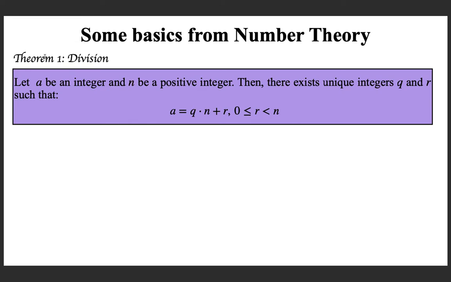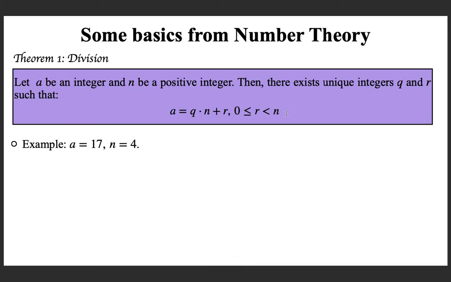Then the division theorem says there exist unique integers q and r such that A is nothing but q multiplied by n plus r. This is the division theorem. For any integer A and a positive integer n, you can write A as n multiplied with q plus r, where the value of r is between 0 and n.